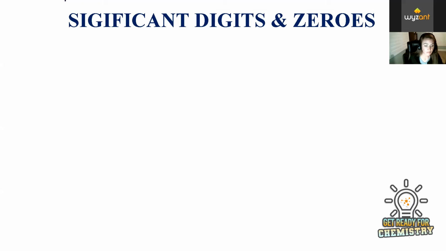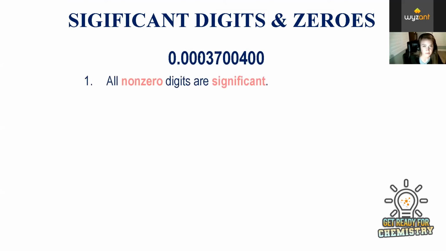And so we have rules to do this. Let's go through these rules. So here's a number with a bunch of different digits in it. And we want to try to look at this and say, how many significant digits are there in this number so that we can kind of gather how accurate this number is. So there's 3 main rules to significant digits. So all non-zero digits are significant, which means all non-zero digits.